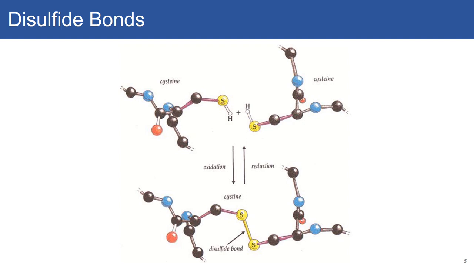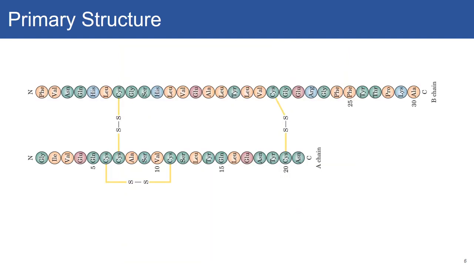That's an important distinction. And this is a low to moderate strength bond. It has a bond energy of 60 kilocalories per mole with a bond length of 2.05 angstroms. So it's fairly low to moderate energy requirements. So keep that in mind.